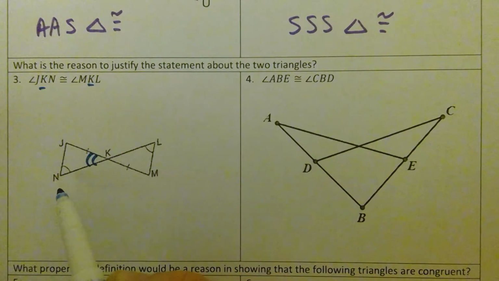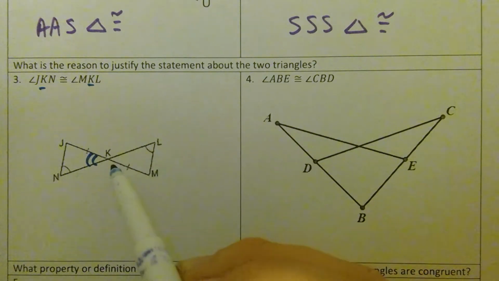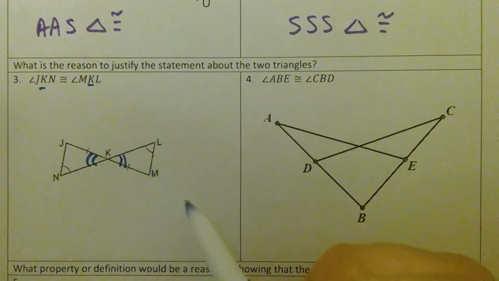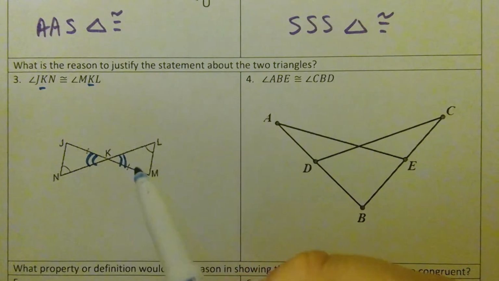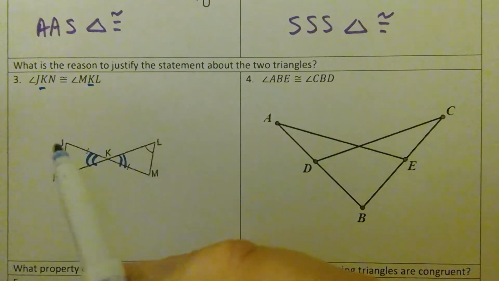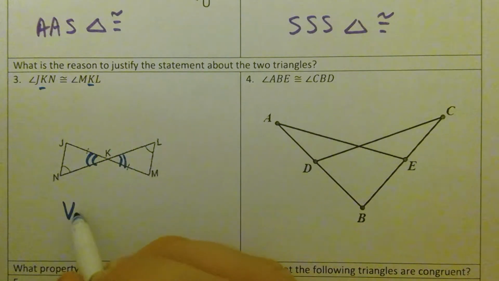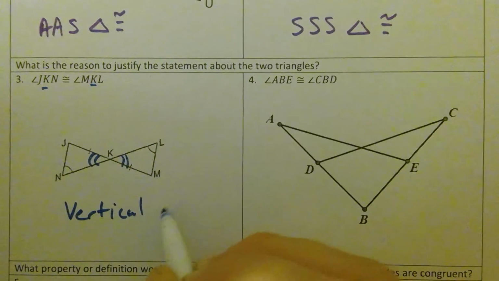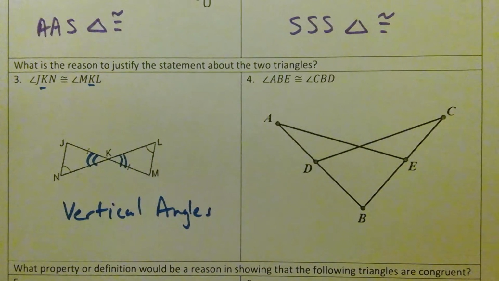Put 2 marks since I already have 1 mark on these angles over here. And then angle MKL has 2 marks on it now. And those 2 angles are congruent because we see that there's an X formed there. If you remember, X's make vertical angles.